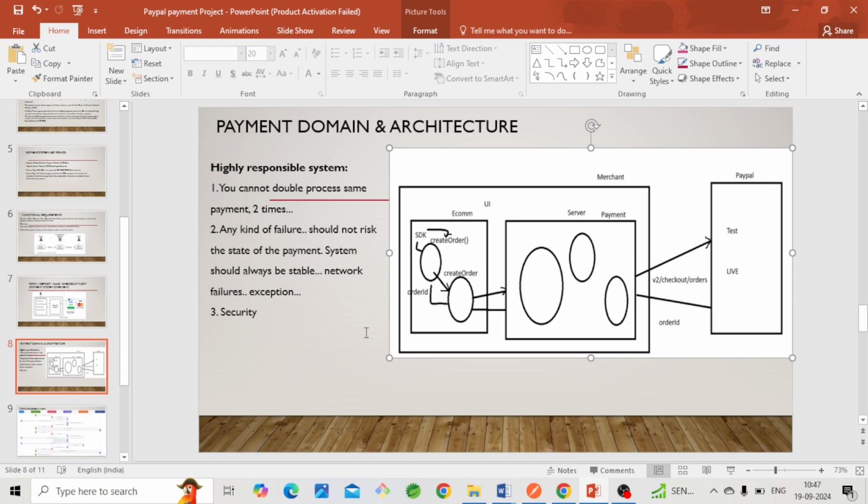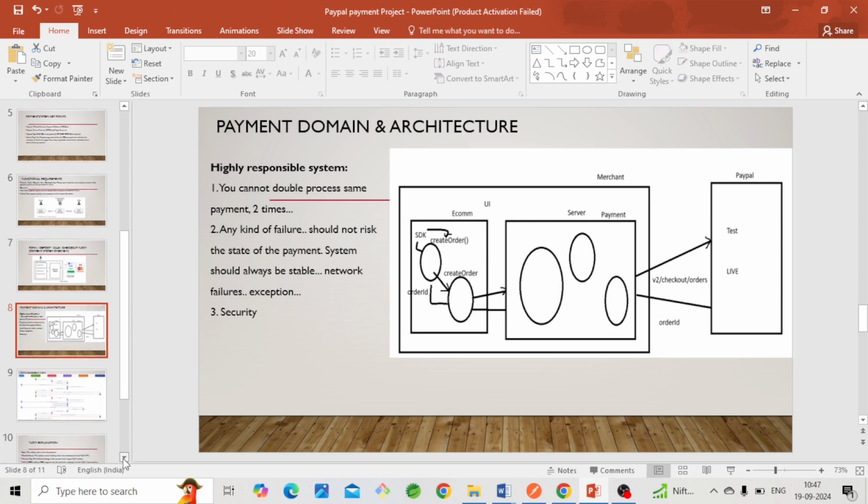Any kind of failure should not put the state of the payment system at risk. It should always be stable, it should tolerate network failures or exceptions, and it is highly secure. It is a highly responsible system because it is directly related to payment.